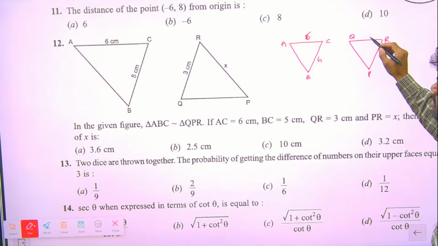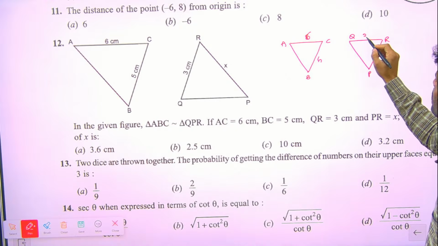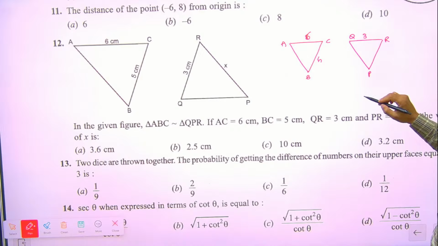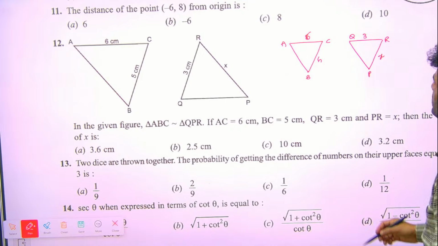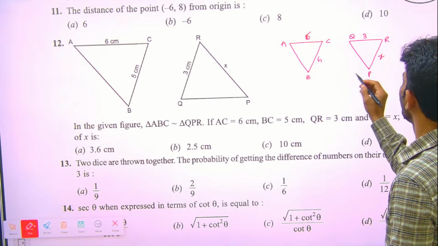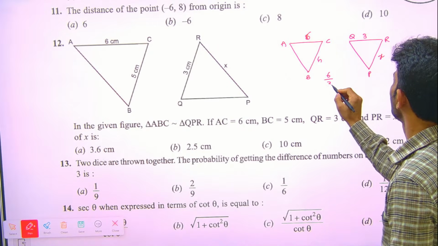Here QR is 3 and PR is X. Now we will understand what the corresponding sides are. Corresponding sides are 6 and 3, and 5 and X. So 6 by 3 is equal to 5 by X.